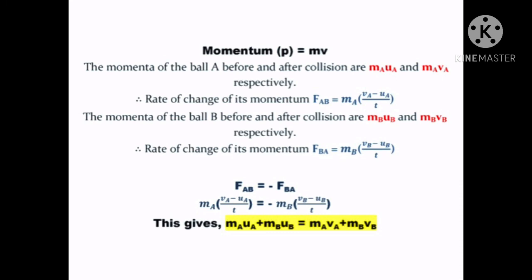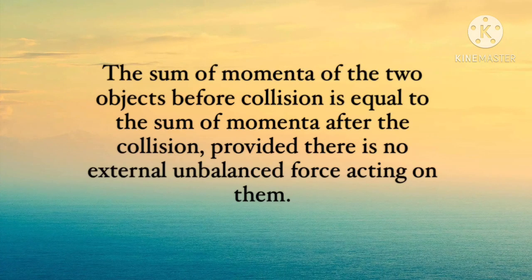By simplifying, we get MA UA plus MB UB equals MA VA plus MB VB. This means the sum of momenta of the two objects before collision is equal to the sum of momenta after the collision, provided there is no external unbalanced force acting on them.